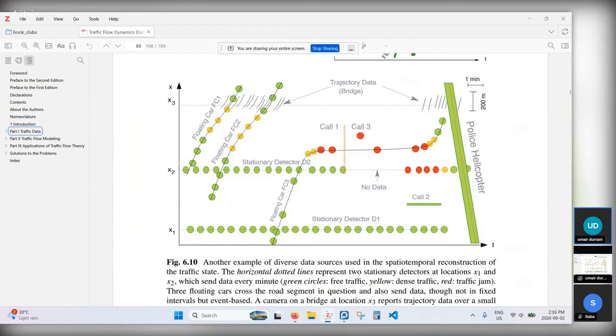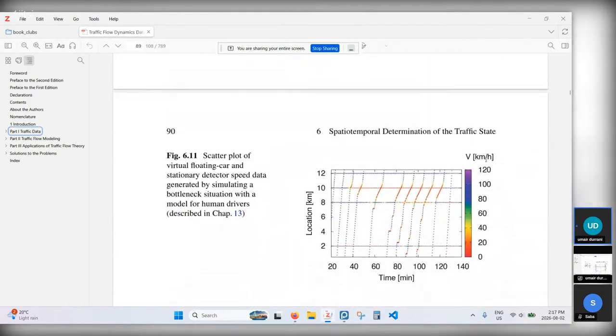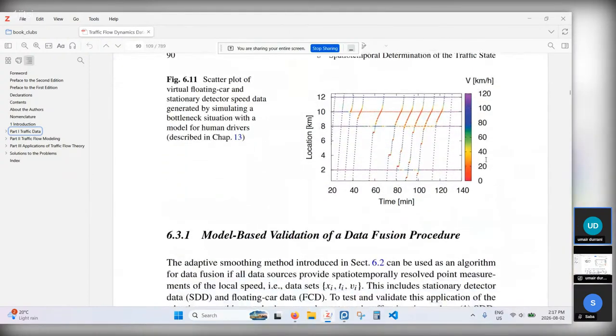We also have stationary detector data information. We also have reports from calls from people who are reporting the incident. And so by fusing all of these, you can actually pinpoint where the crash started to happen. So this is one of the advantages of fusing multiple data sources.